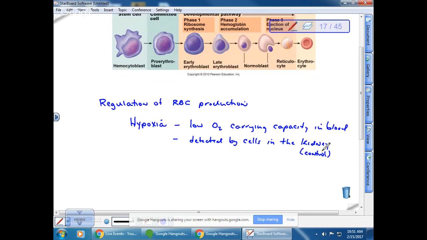So that's the control center. Right? So what those kidney cells do is they produce a hormone called EPO. And EPO is short for erythropoietin.